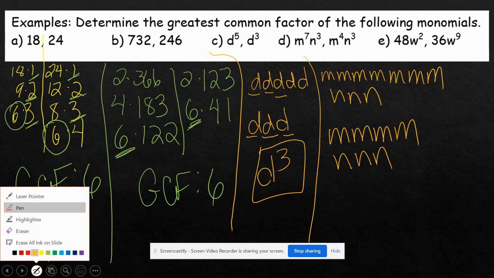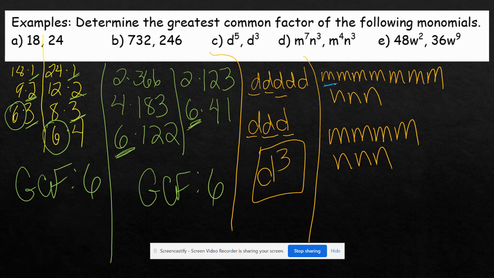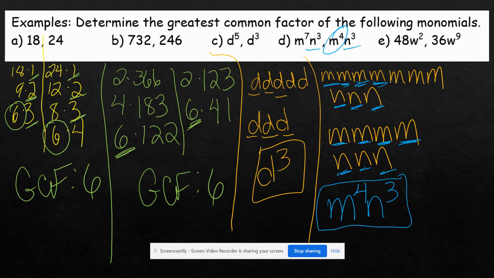So if I take a look again just at what I can match up, here's an M, and an M, and an M, and an M, N, N, N. So you can see I have 4 M's, which was the smaller of the two for our M's, the smaller exponent. And then the N's have a matching exponent. So our greatest common factor would be M to the 4th, N to the 3rd.